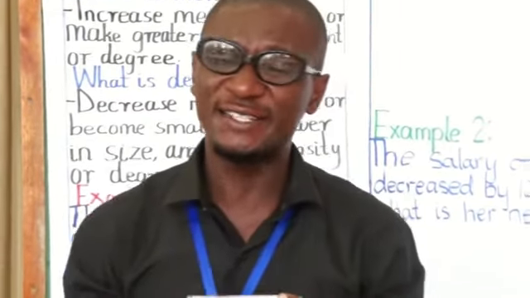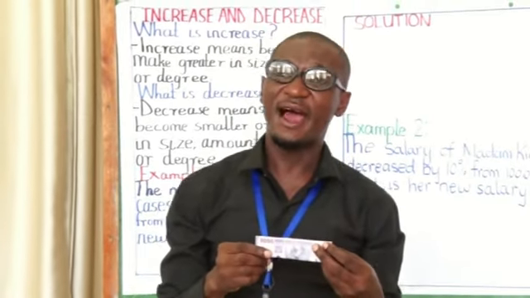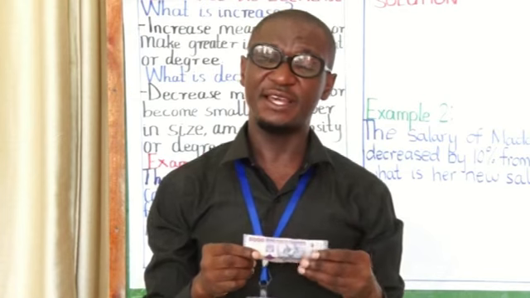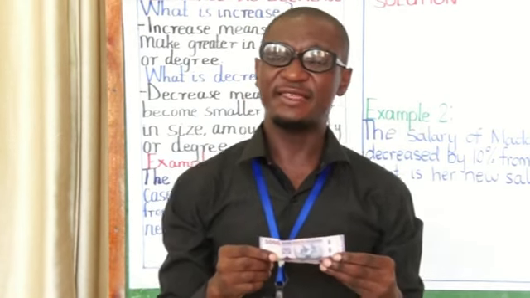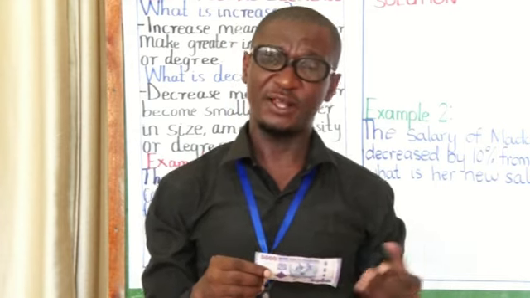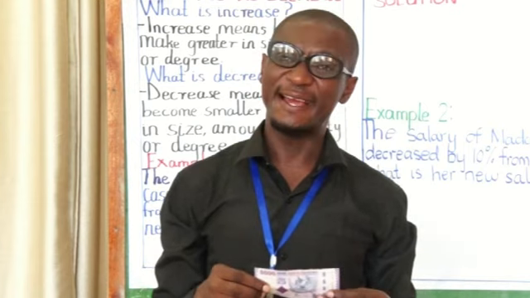Here it will show us directly that something has decreased, because you had 8,000, now you have 5,000. It means you lost 3,000 shillings which you had before. For that reason, this is what we call decrease.